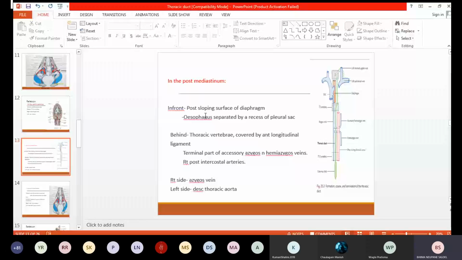Behind will again be the body of the thoracic vertebra only. In the body of the thoracic vertebra, you can mention the anterior longitudinal ligament, which is attached to the anterior surface of the body of the vertebra.